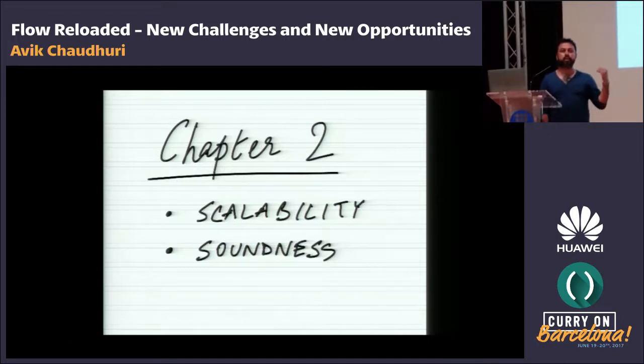Now, the key assumption that I didn't say is that you need to start from a state where there are no errors. And we already have that built in. So every commit that is checked into our trunk is Flow clean.